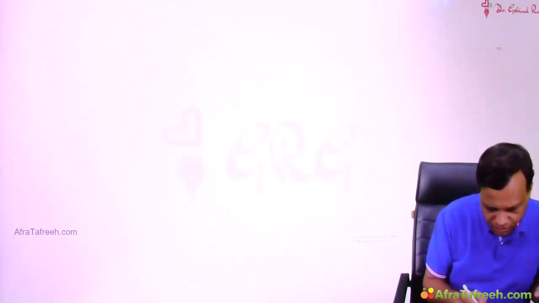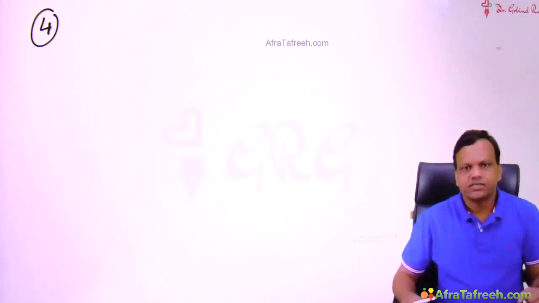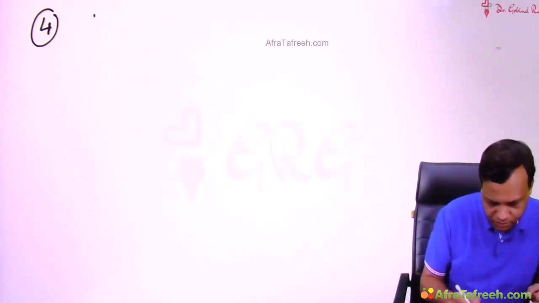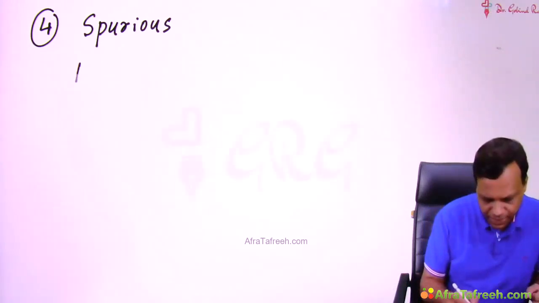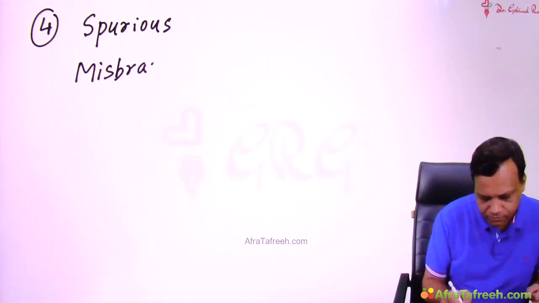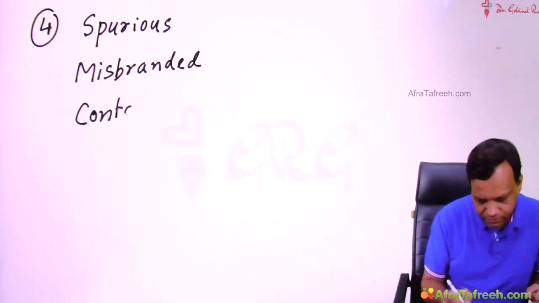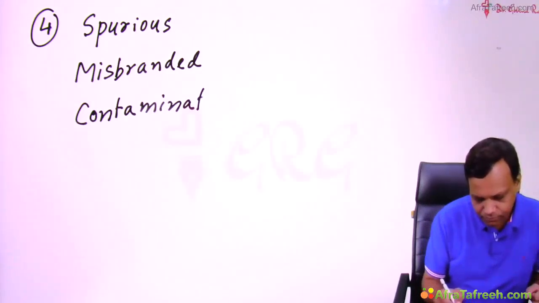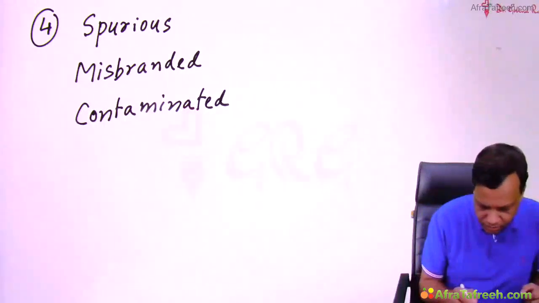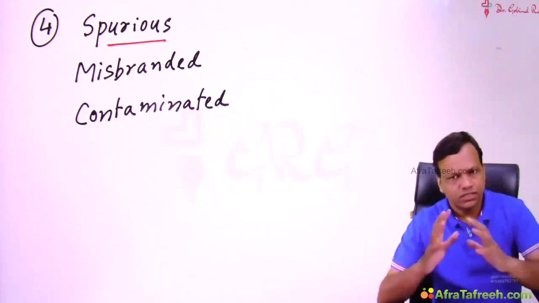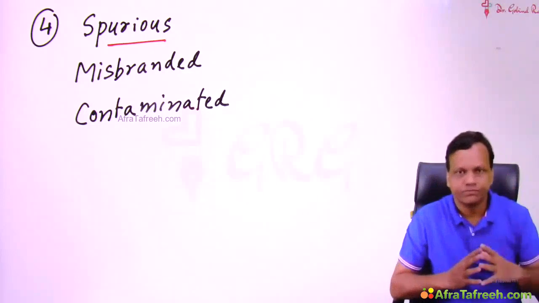Then we have some drugs which are defined under the Drugs and Cosmetics Act, like spurious drugs, misbranded drugs, and contaminated drugs. Spurious drug means, here there is a well-known pharmaceutical company like Cipla.